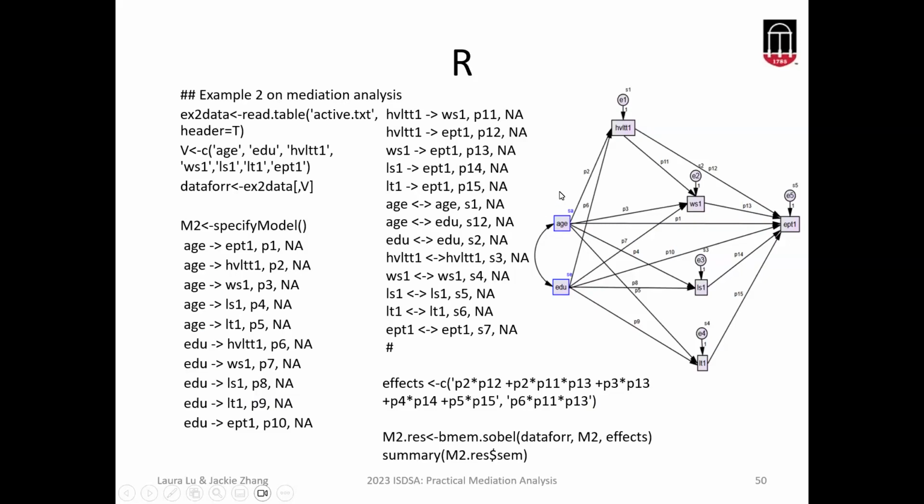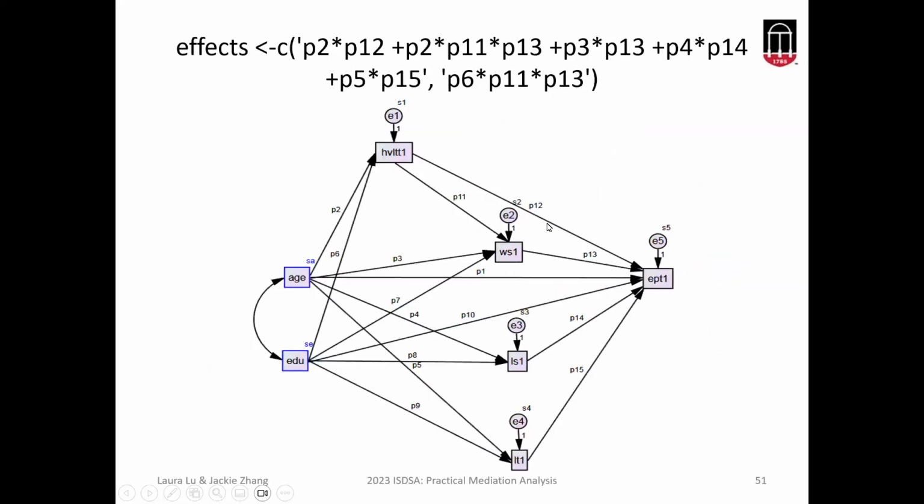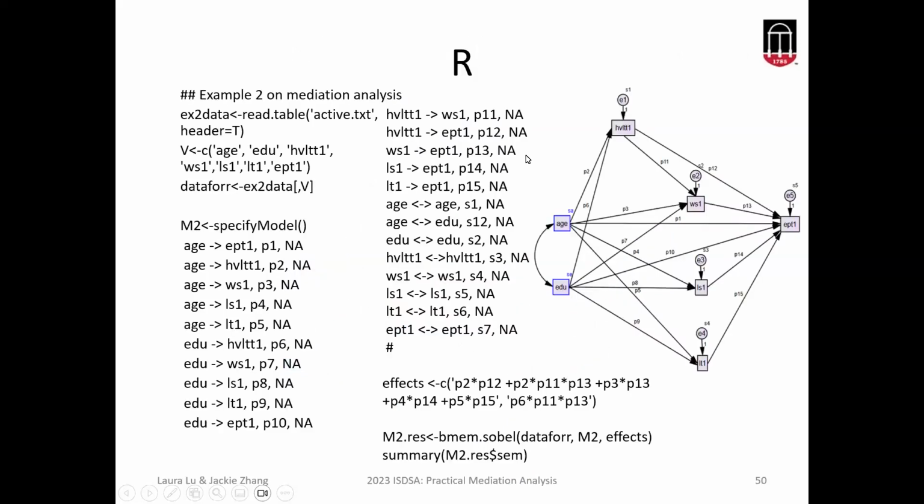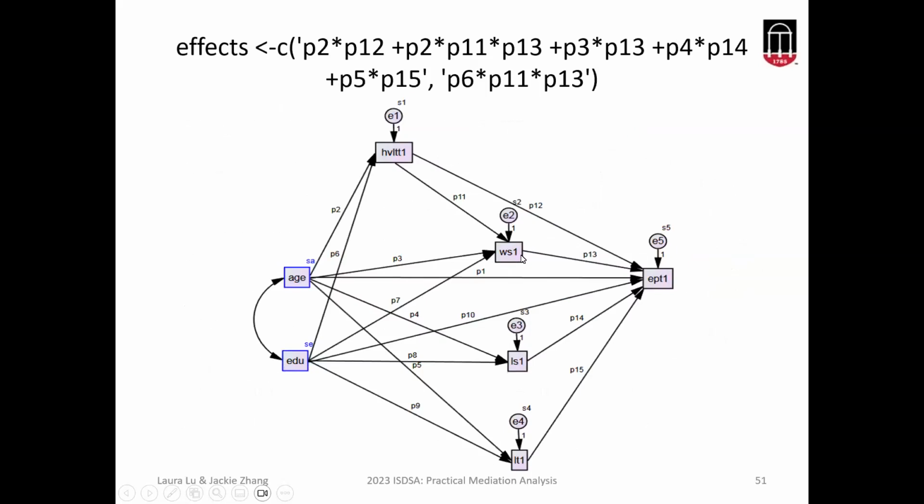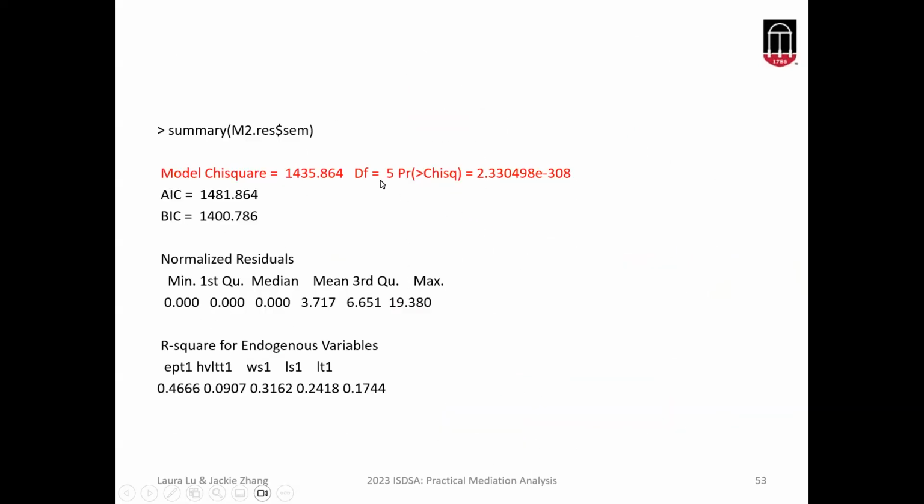Based on the formula, 7 times 8 divided by 2 is 28, the number of pieces of information. Then you calculate the number of parameters, and get the difference. The difference is 5. That's why we have degrees of freedom 5.